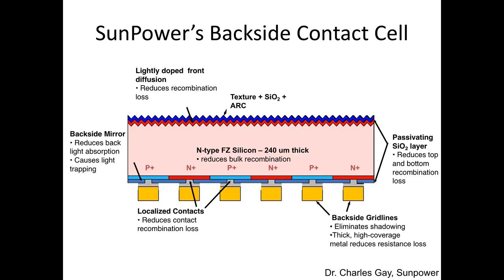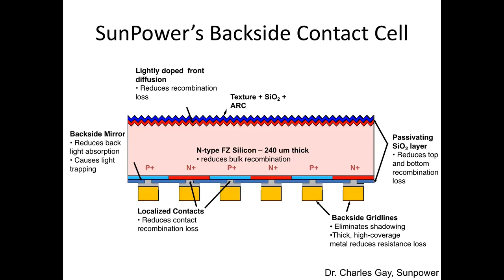You don't see any contacts, and that's because, with some really savvy engineering, they were able to essentially make these junctions at the back so that they can put all their contacts on the back of the device, away, and so they can maximize the absorption of light. These passivating layers are simply layers at interfaces, which are really common places for recombination.